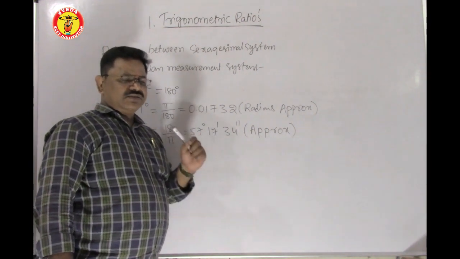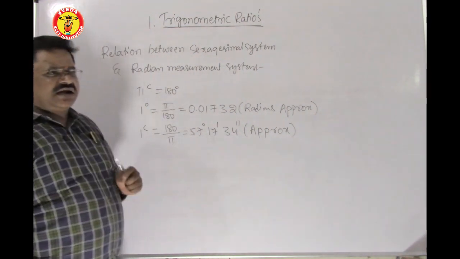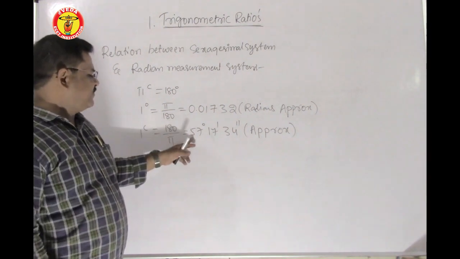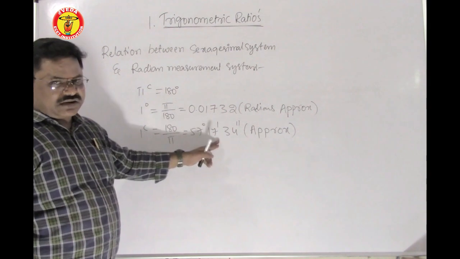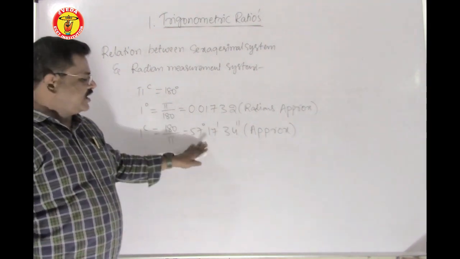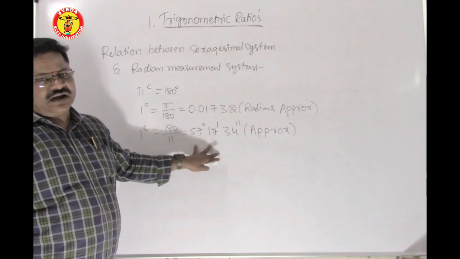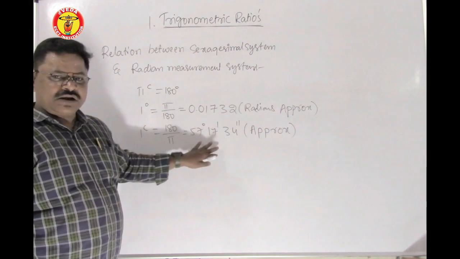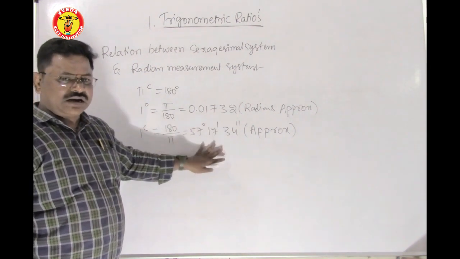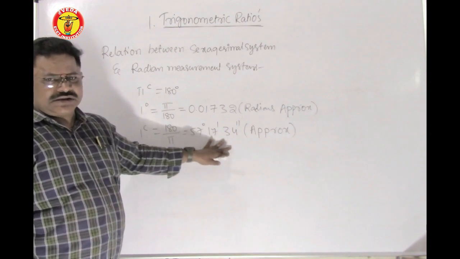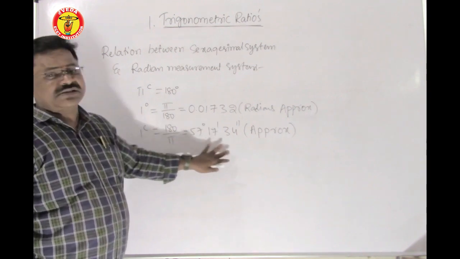Now one thing we have to remember: instantly, without using a calculator, can you tell the value of sine 57 degrees 17 minutes 34 seconds? For any trigonometric function, by substituting this value, will you get the value orally without using any electronic gadget? No, so we can't express the value for that.